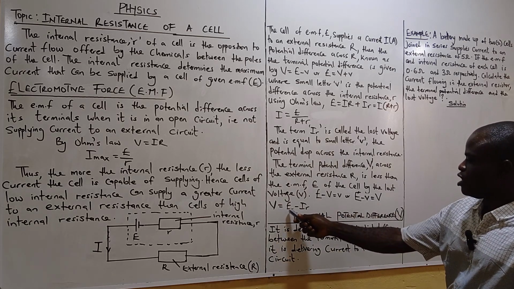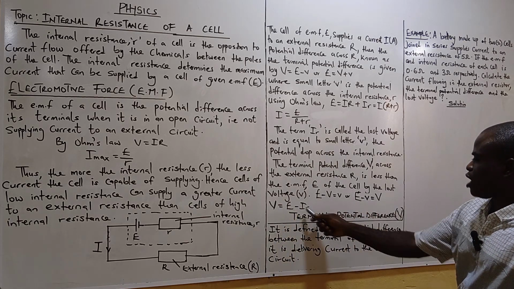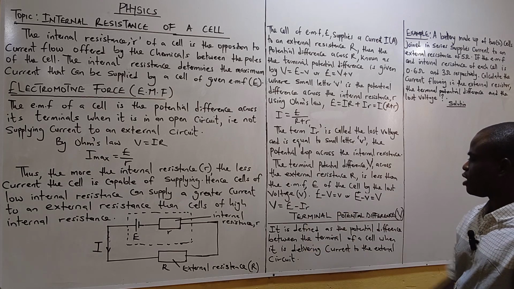Now we have V equals E minus Ir, and small letter v equals I small letter r.